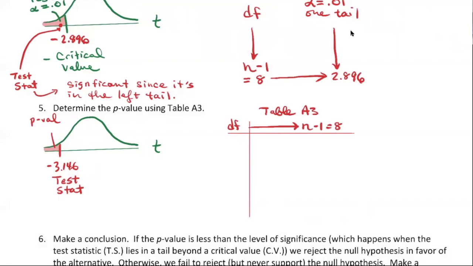And then the t statistic, you go down to whatever we got. Now I'm going to do negative 3.1, so we have to round the negative 3.146 to one place. This is why it's not great.